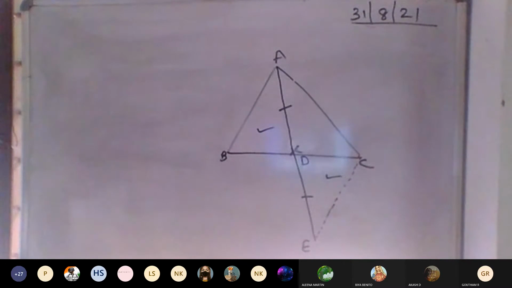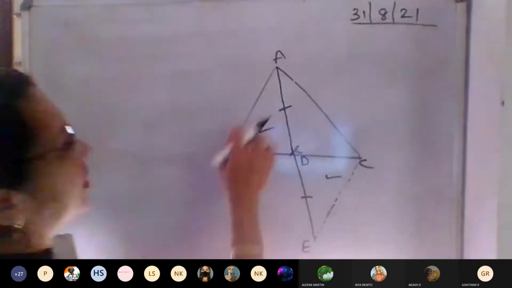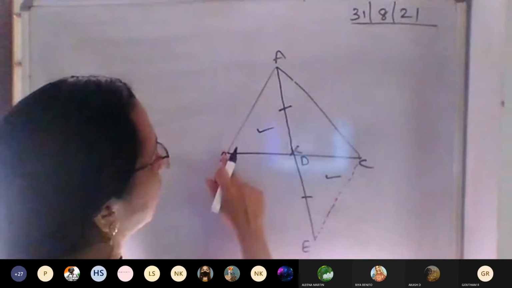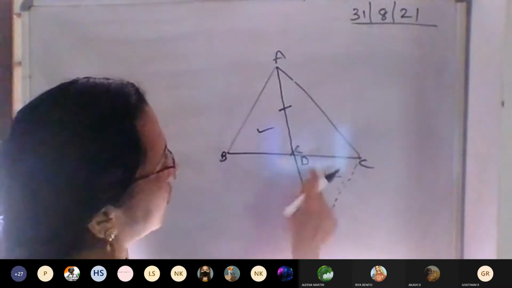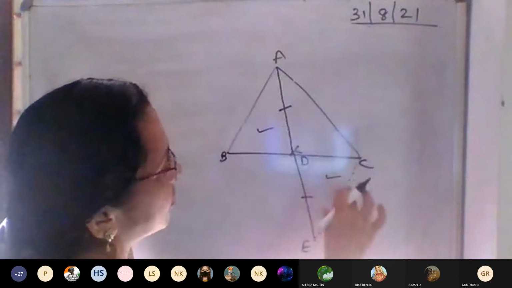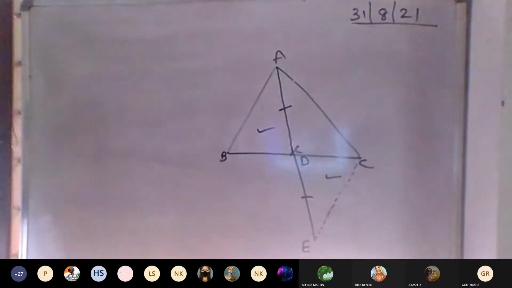If the two triangles are congruent, then AB is equal to EC. Can we write AB is equal to EC? Yes, surely, we can write it as the second part. First of all, we have to show triangle ABD is congruent to triangle DCE. Then automatically these two sides will be equal.